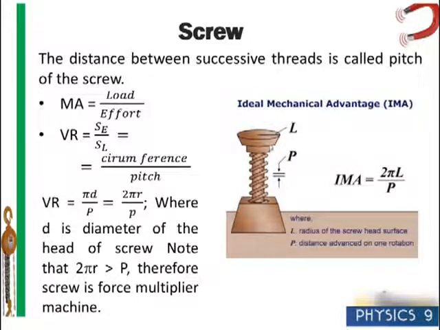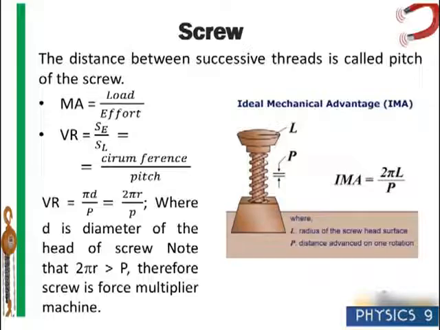If you turn the screw when it goes round, then that is in fact the circumference. And we know that the circumference, assuming that this is a circle, is going to be equal to 2 pi r.